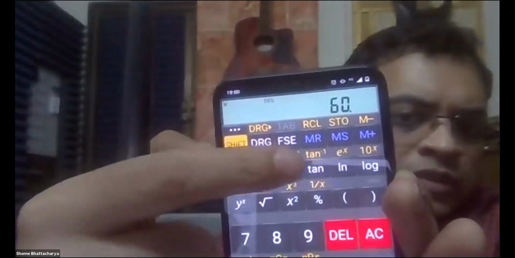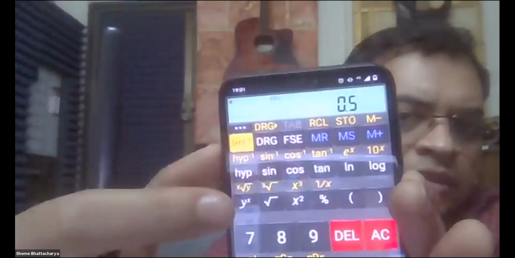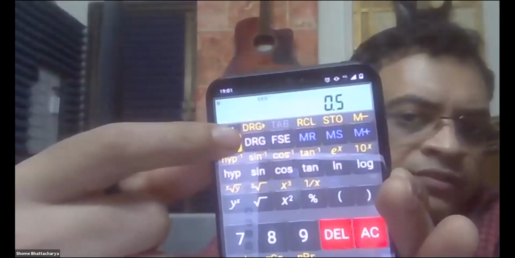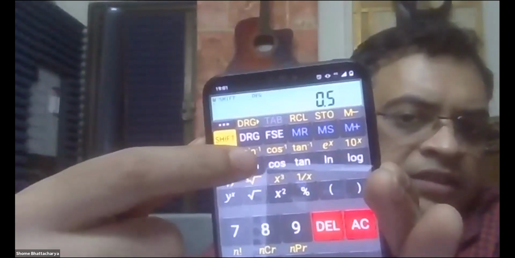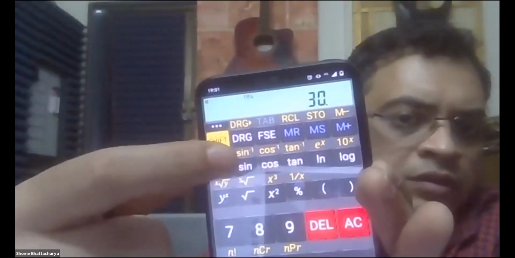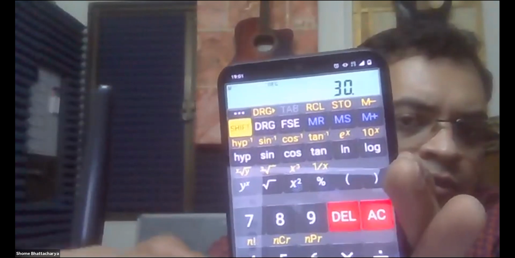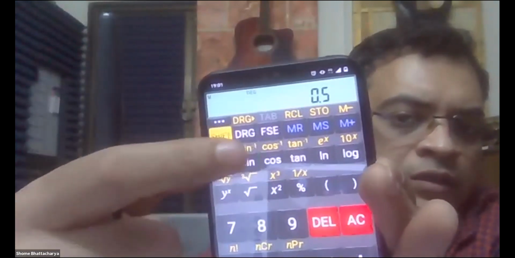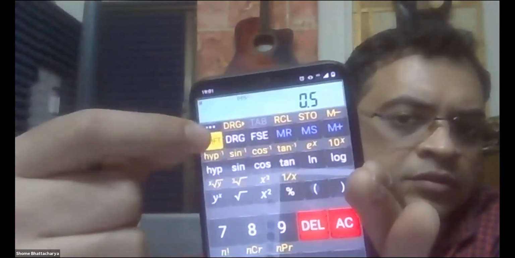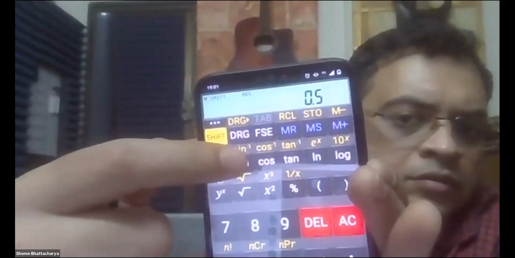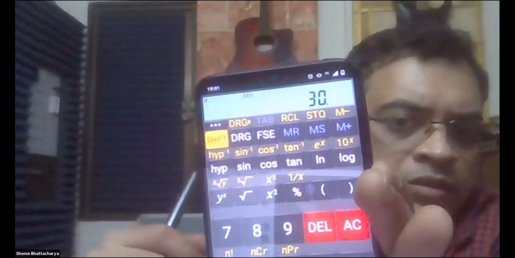If I type cos of this, it will give me cos 60, again 0.5. Now if I shift and type sine, it will give me sine inverse of 0.5. That's 30 degrees. Sine of 30 is half, but sine inverse of 0.5 is 30 degrees, like that.